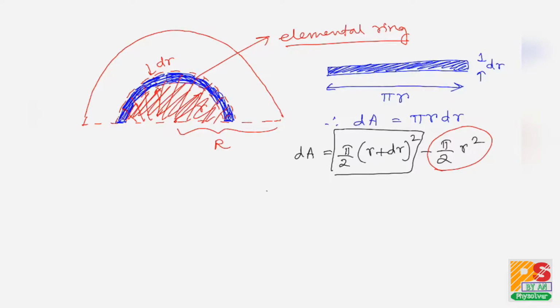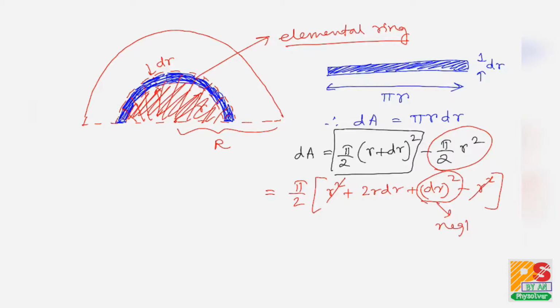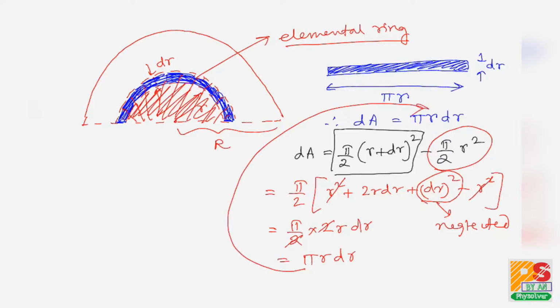So let's analyze it. Pi by 2 common. This is r square plus 2r dr plus dr square minus r square. Now if I neglect dr square, because dr is very small so dr square is also small, I will get pi by 2 into 2r dr, which is the same as this, pi r dr. So you can use any method to find the area of the elemental semicircular ring.